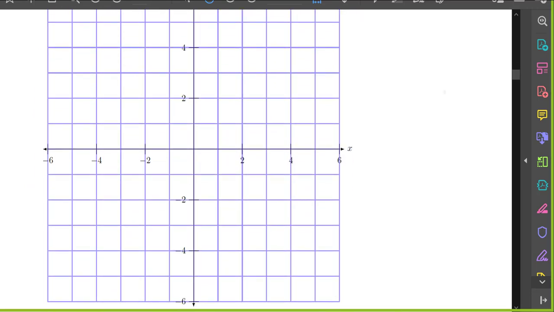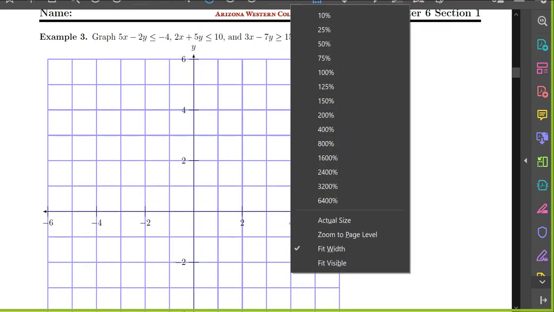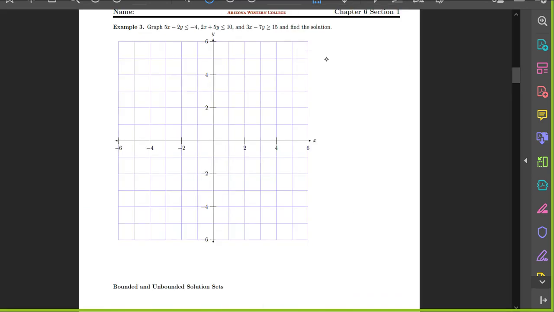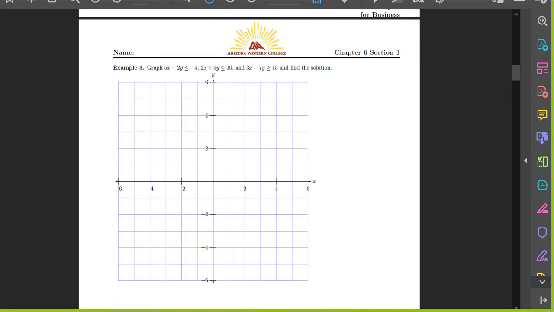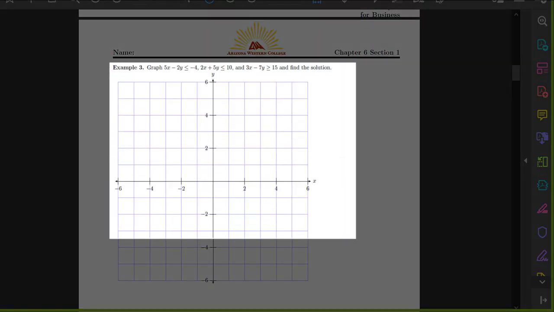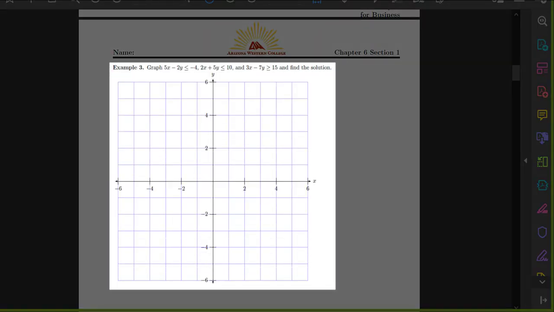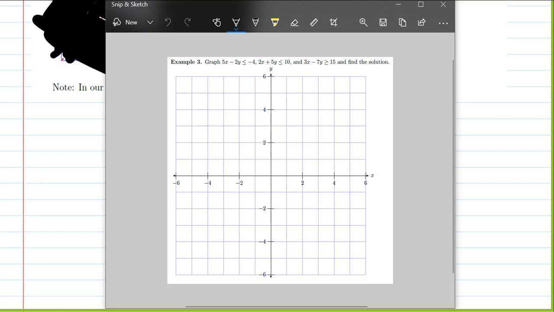So let's go ahead and resolve example number 3.